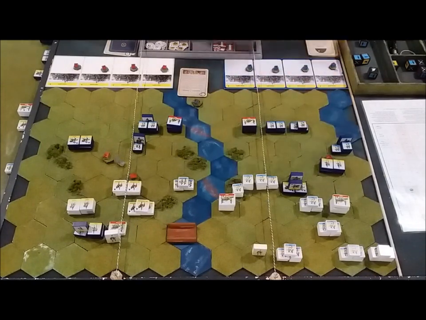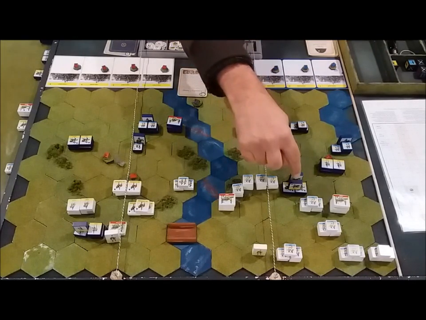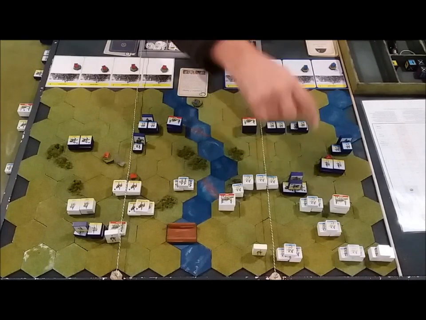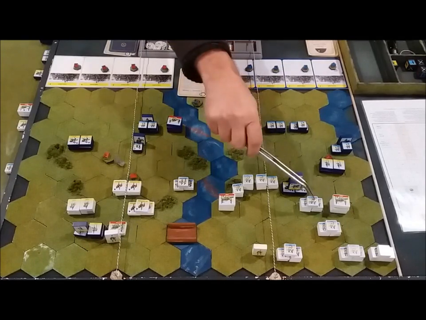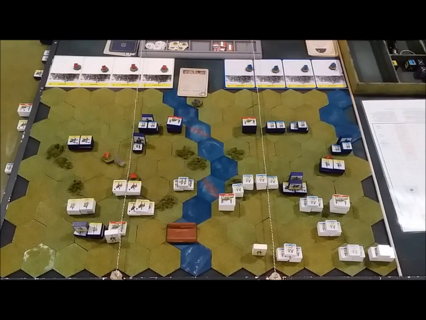Alright, so we'll start over this side first, and they are attacking with 1 extra die. Okay, so we have these attacking for 4 die against the battalion mass if they want to do that, and they will.